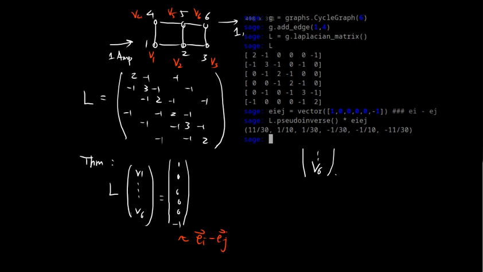Let me finish writing the number and then move it to the next page. One is 11 over 30, and then 2 is 1 over 10. Let me just write it as 3 over 30, 3 over 30, and minus 1 over 30, minus 3 over 30.